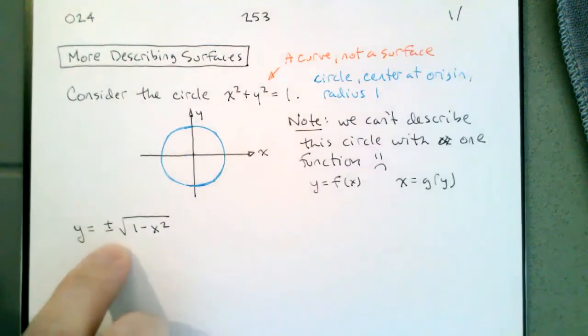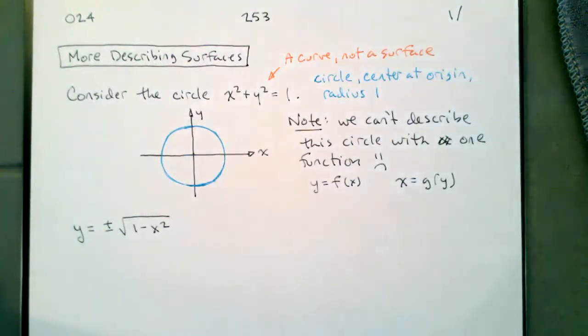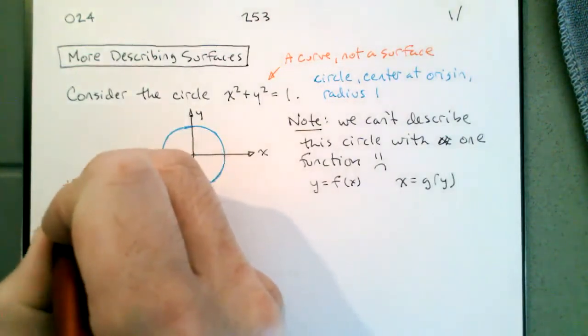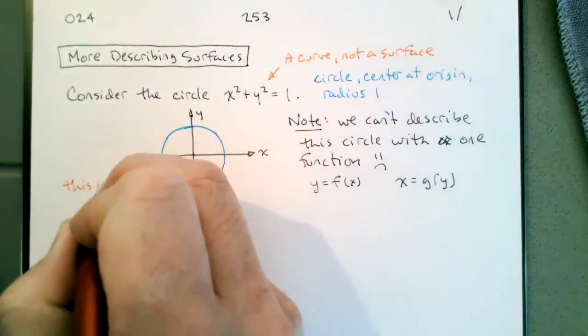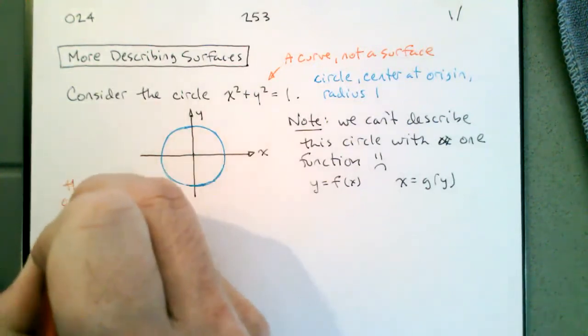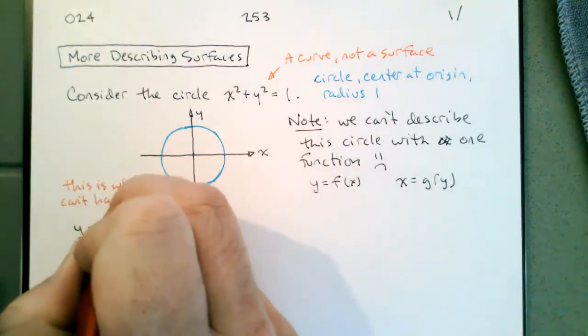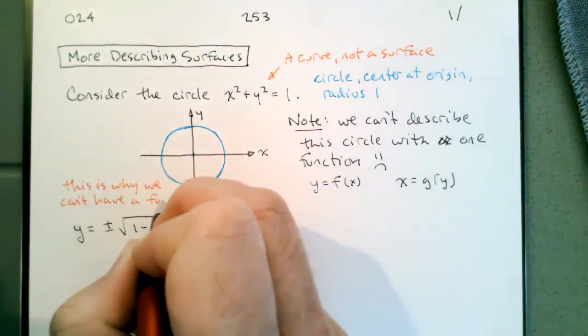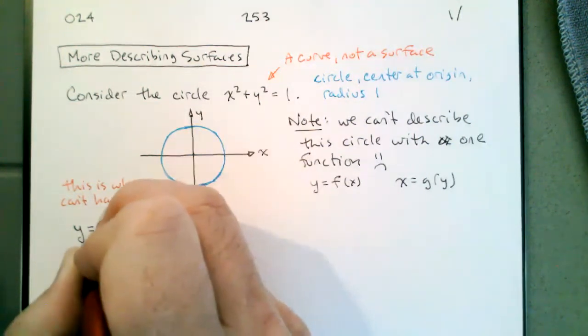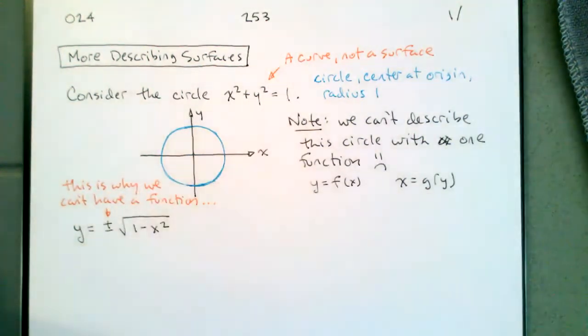So here are our two outputs, the plus and the minus. That plus and minus part is why we can't have a function.